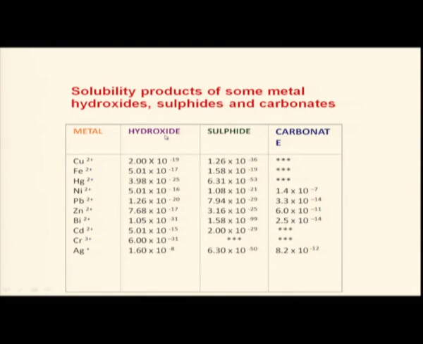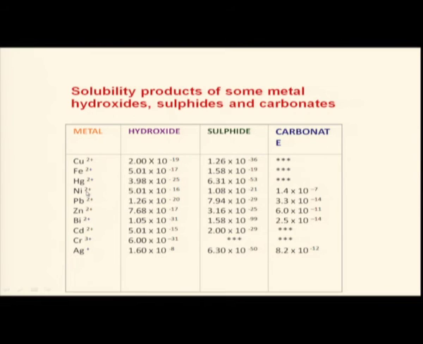You can see here mostly they can all be removed as their hydroxide, or very rarely as a sulfide, and sometimes again carbonate. And for this, the logic is the value here. The more negative value is the one, that means it is the least soluble.